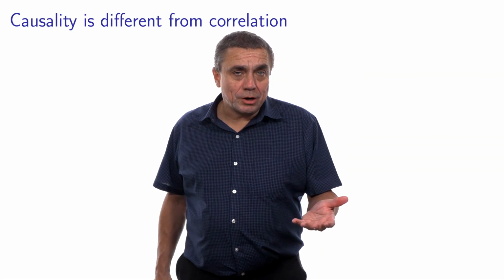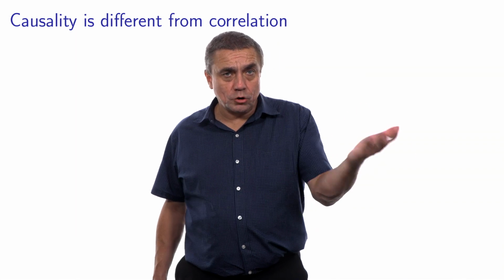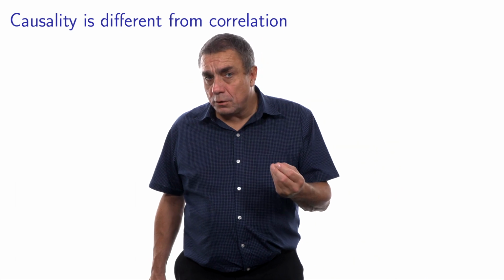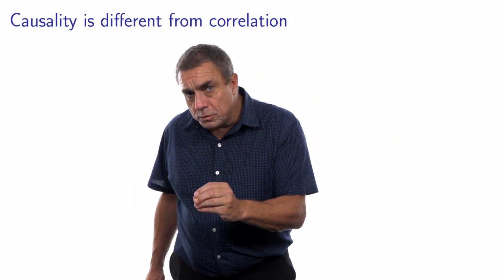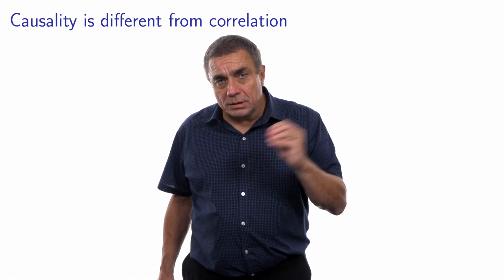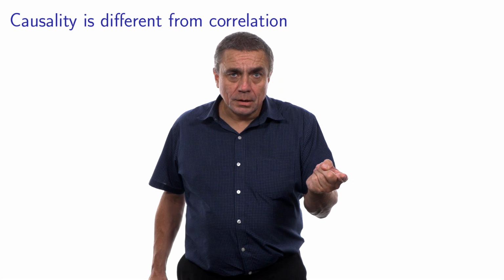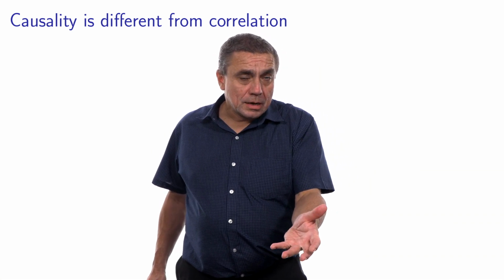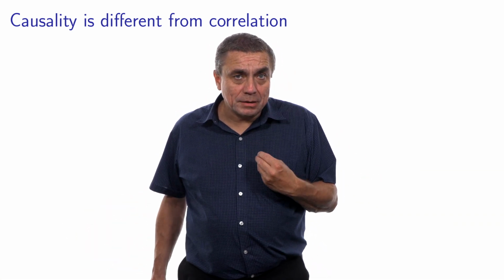When you look at this chart, there is an obvious correlation between the 2 variables, the chocolate and the number of Nobel laureates. But it would be very difficult for me to justify a theoretical model that assumes causality between these 2 variables in either direction, by the way. So that's a nice example to show that a correlation between data does not necessarily mean that there is causality between them.